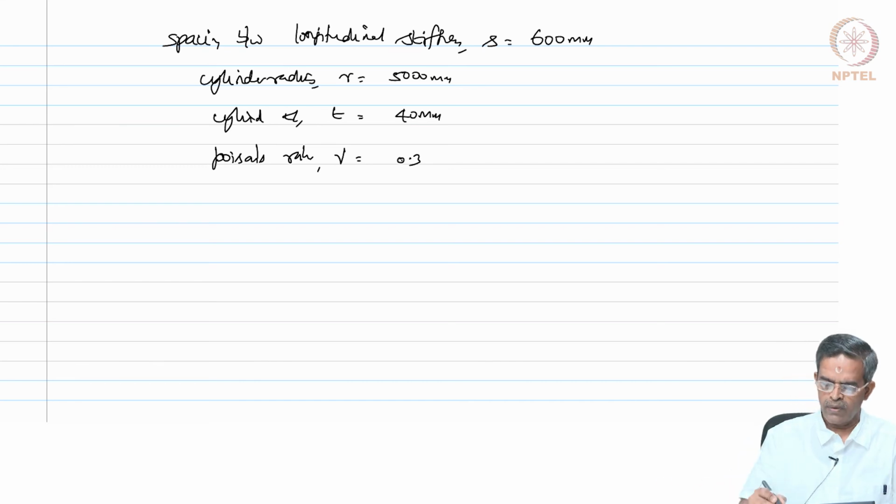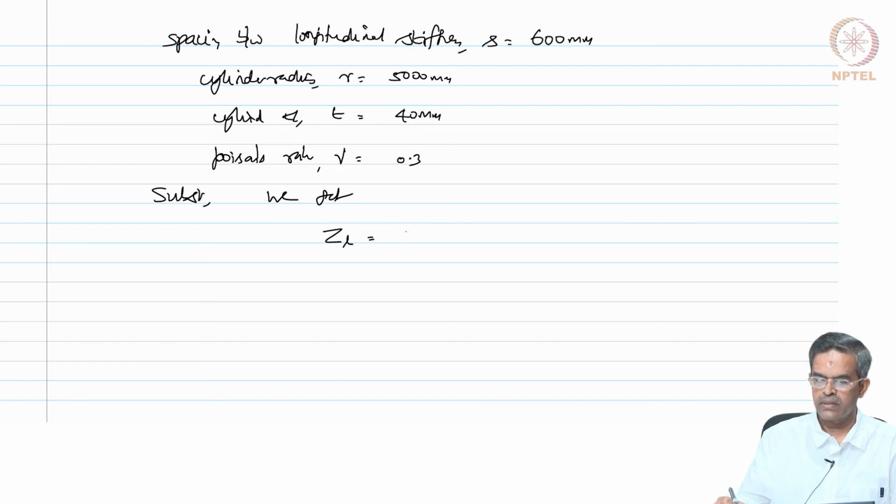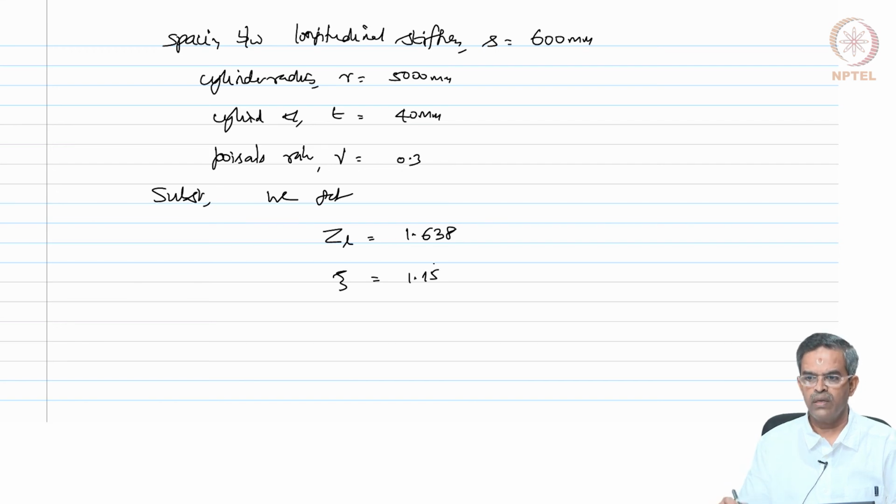So, substituting these values, we get ZL as 1.638, zeta as 1.15, and rho as 0.369.